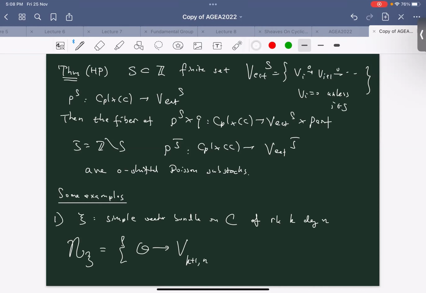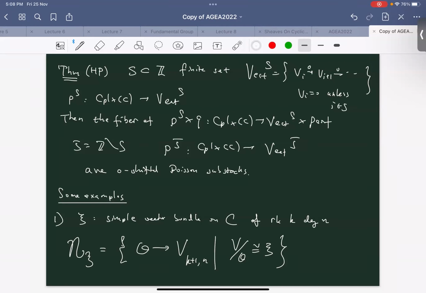So V is a vector bundle of rank k plus 1 and degree n, such that the quotient is isomorphic to C. Such moduli spaces are not new. For example, they were originally considered by Le Potier, called coherent systems. This is an easy way to kill the automorphisms of a moduli space, by adding sections.